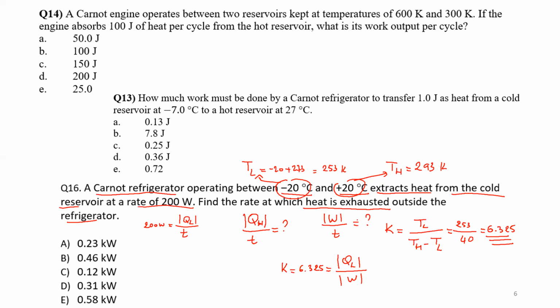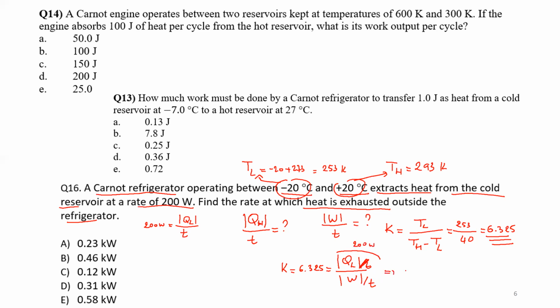Now, let me divide by time here, the same time. Let's say the time of a cycle, or any time, per unit second, let's say. Now, QL divided by T, this is just, as we said before, 200 watt.